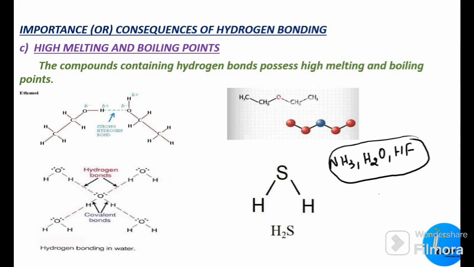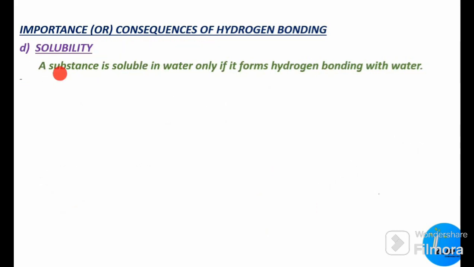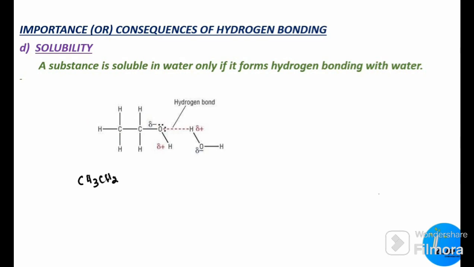Next, we shall see solubility. A substance is soluble in water only if it forms hydrogen bonding with water. Here this is alcohol, CH3CH2OH, that is ethyl alcohol. This ethyl alcohol forms hydrogen bonding with the water molecule, so alcohols are soluble in water.